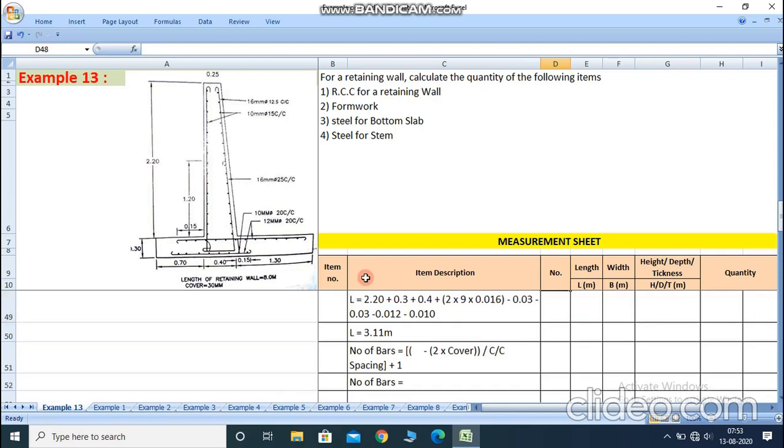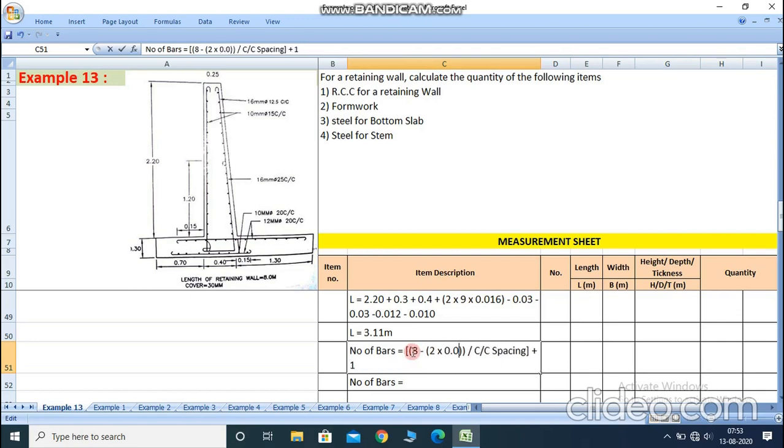For finding the number of bars, the total length of the retaining wall is 8 meter, and cover is provided on both sides. So right here, simply 8 meter minus 2 times cover.